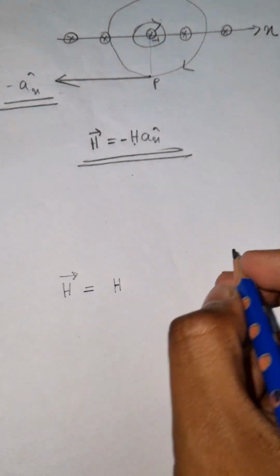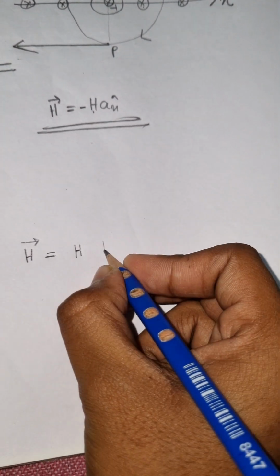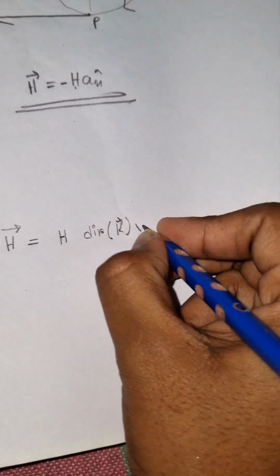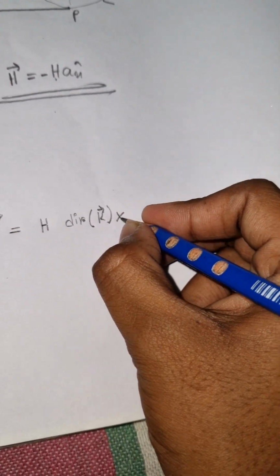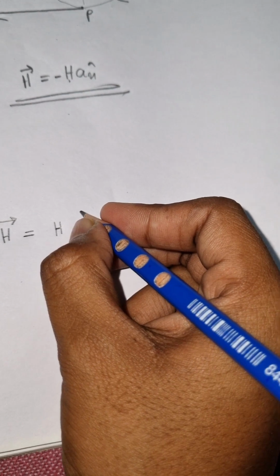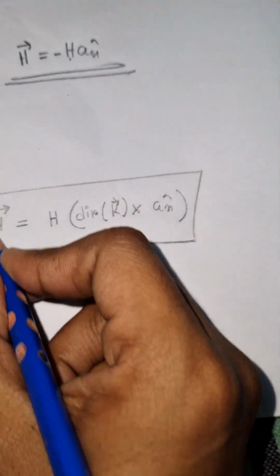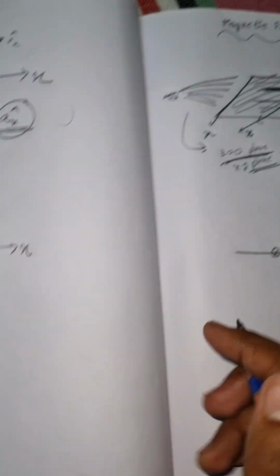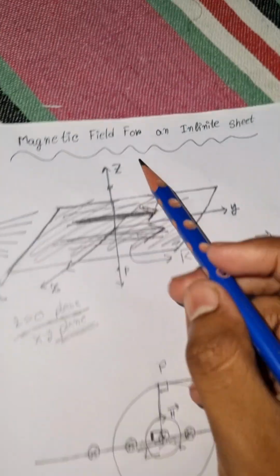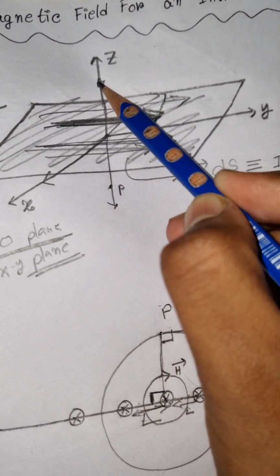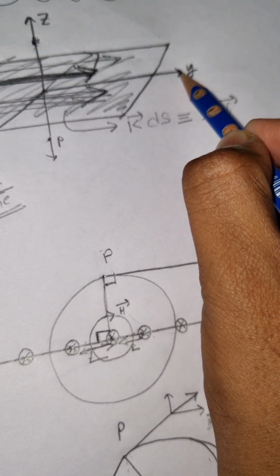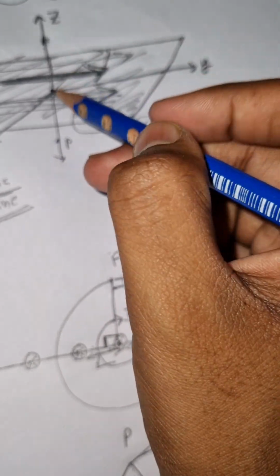The h vector is the magnitude of h into, for the direction, the direction of that K vector cross the a_n cap, the perpendicular component. If the point P is here, this is the a_n cap, the perpendicular component. So positive y into positive z equals positive x.